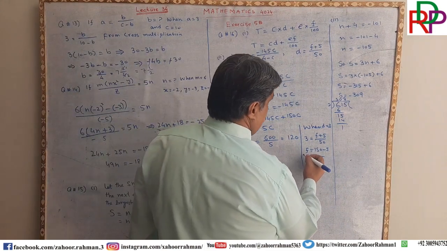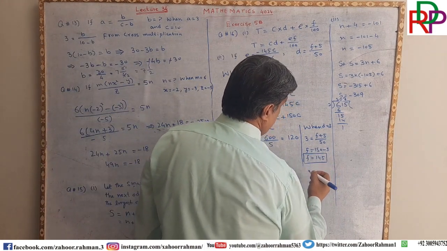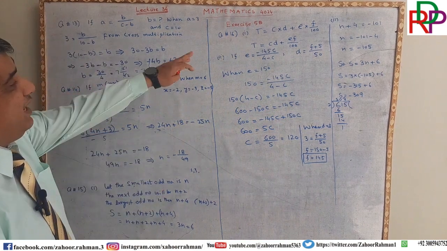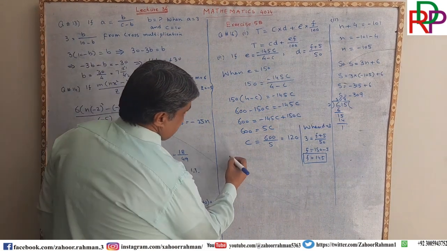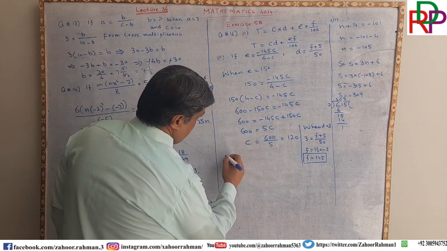Now we have all the values to find the value of t, which is our ultimate goal.